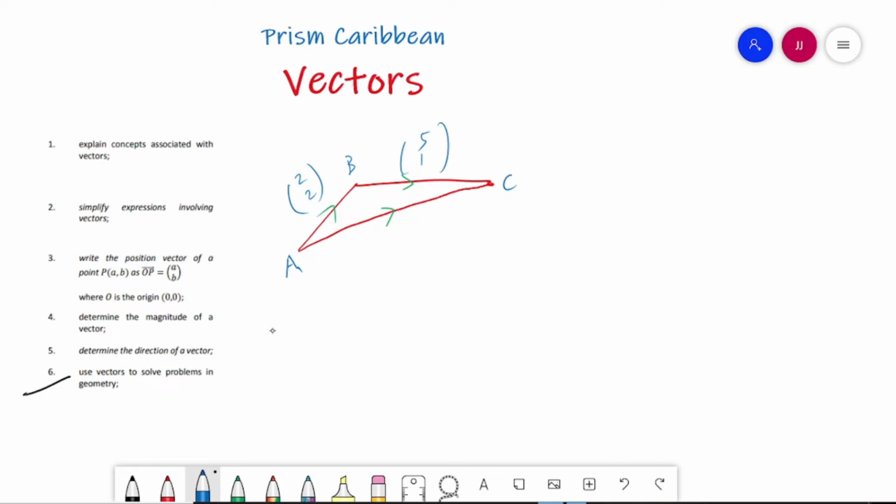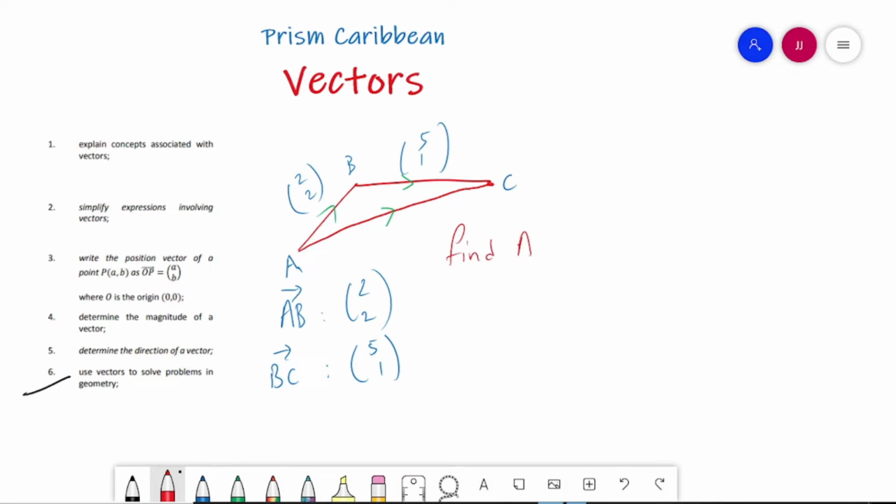Now the question will say a vector diagram is given like this, as seen in the question. The vector AB is given as 2, 2, and the vector BC is given as 5, 1, right? And the question might be something simple.